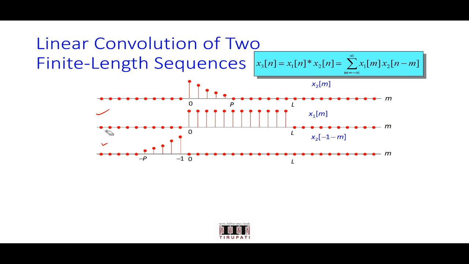So there should be an overlap essentially between these two sequences when you are moving it. This is the flipped one, and you could move it in either direction. For example, both are starting at 0. You yourself can analyze later and you would realize that you are not losing any generality with this assumption.